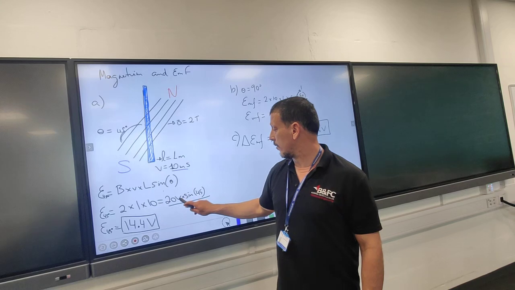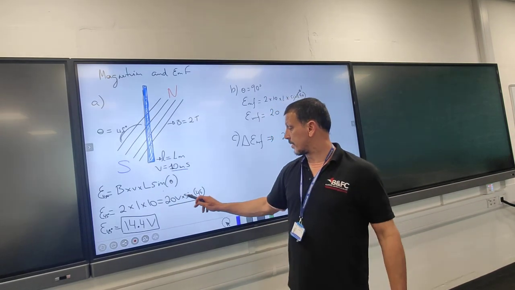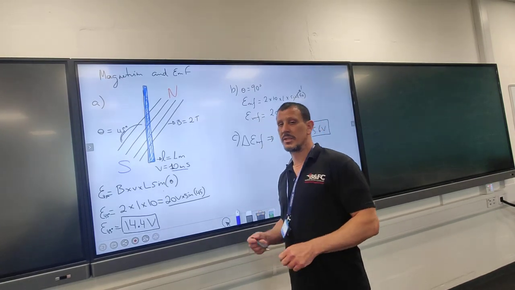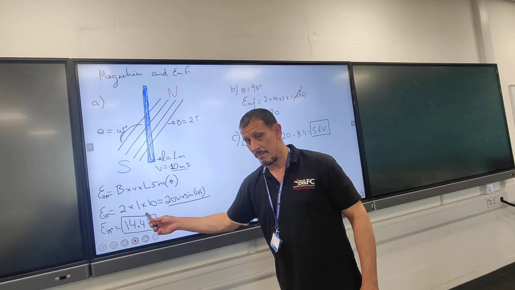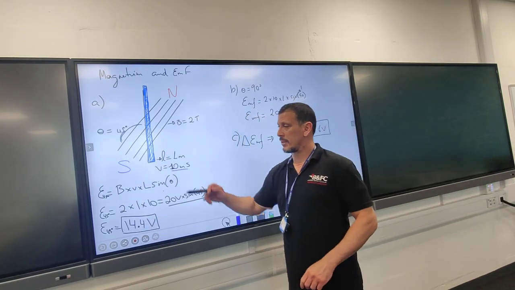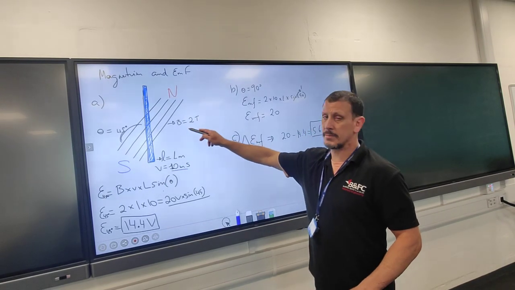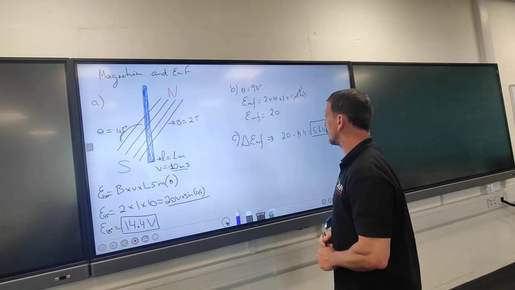You get a total of 20 volts. However, you need to multiply it by sine of 45 degrees, which is around 0.7 something. So you get an induced EMF of 14.4 volts. So at 45 degrees, in this condition, with this velocity, length, and magnetic flux density, you get 14 volts out of this system.